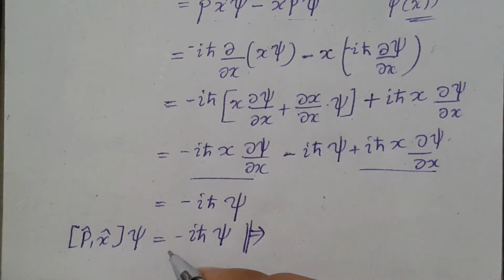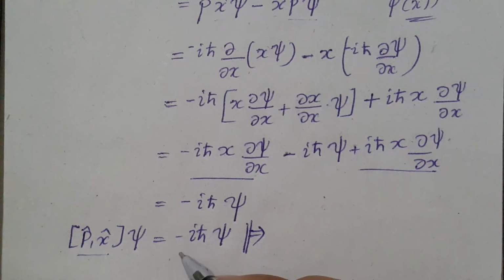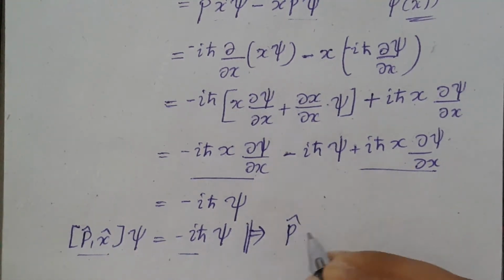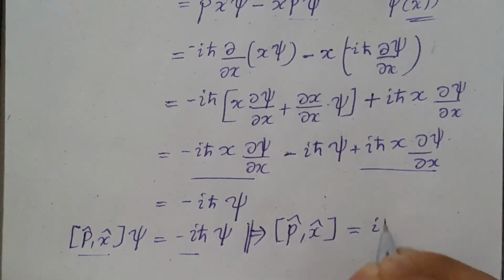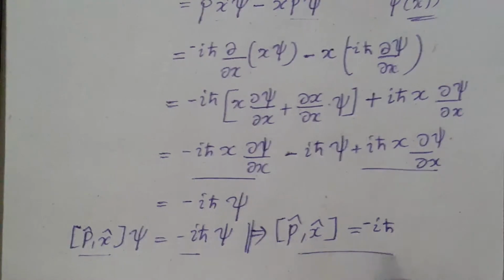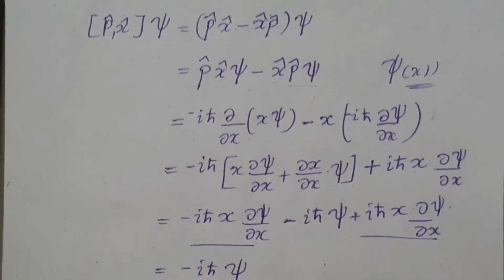We can say that p cap x cap is equal to minus i h cut. So this is the result, the commutator for p cap and x cap.